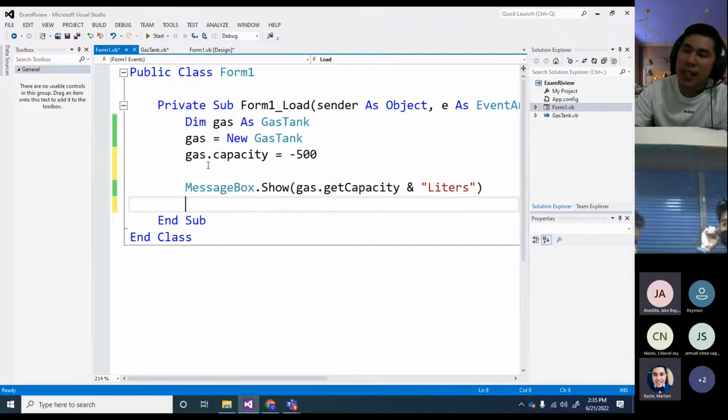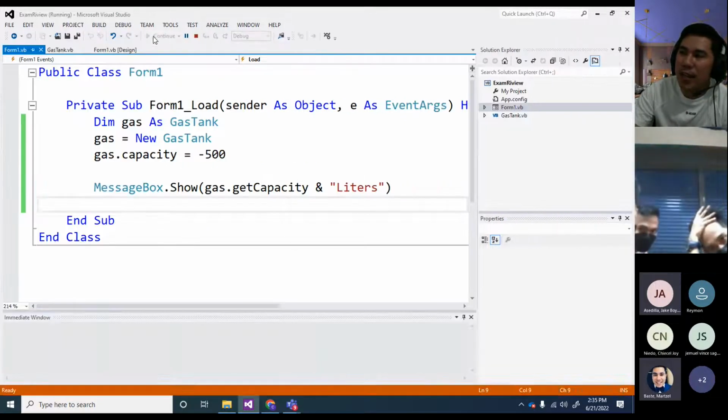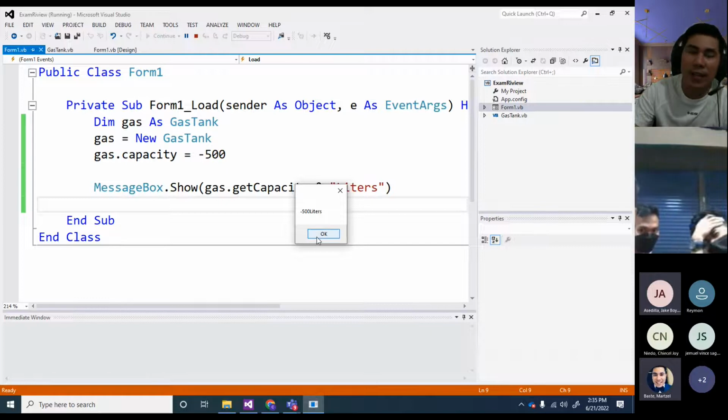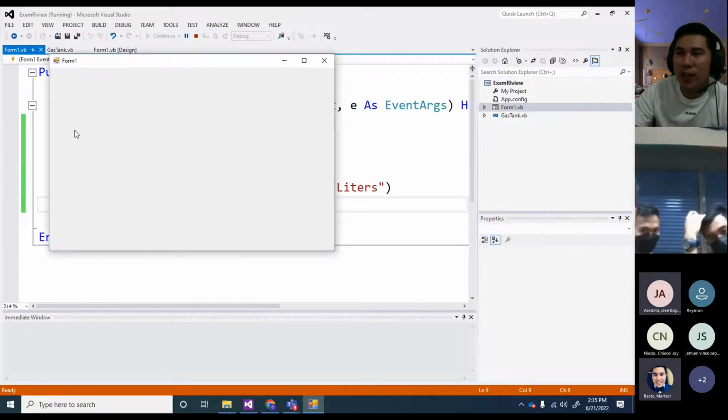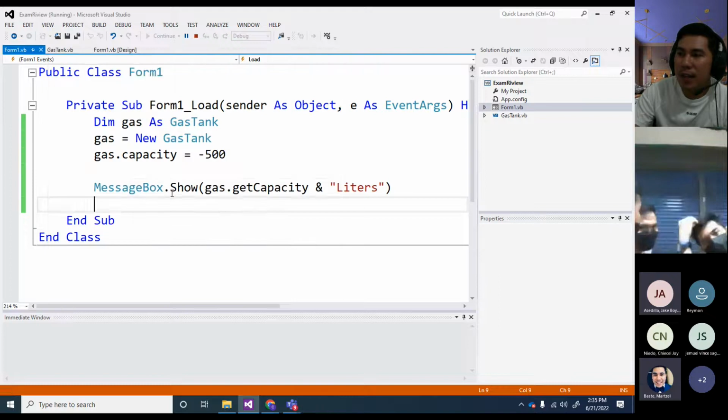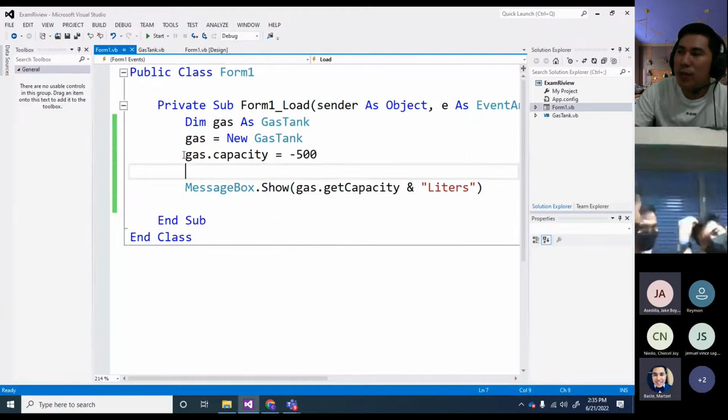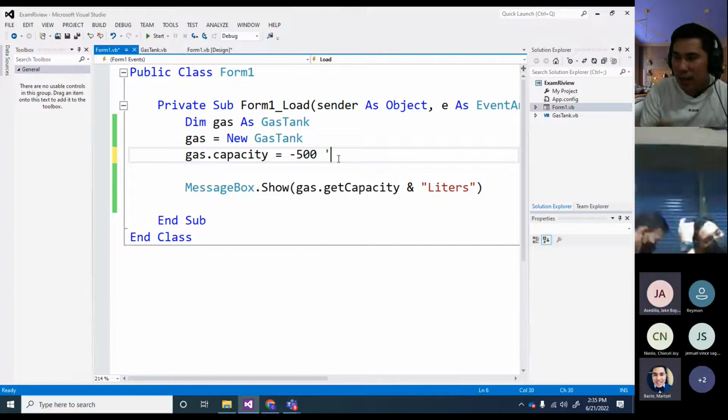So with this, na-set na ko ang gas by 500. So if ako siyang i-run, negative 500 liters. And it's not good, no? If this is like a running program, pwede na na-assign ang capacity by negative 500. So it's like something has intruded or naging unsecured imuhang data karon.